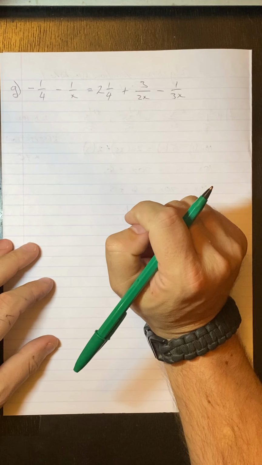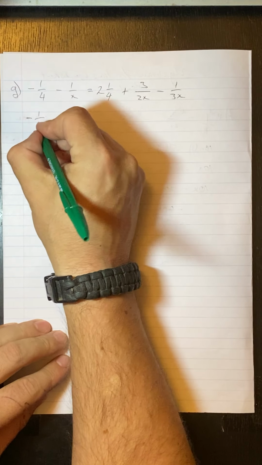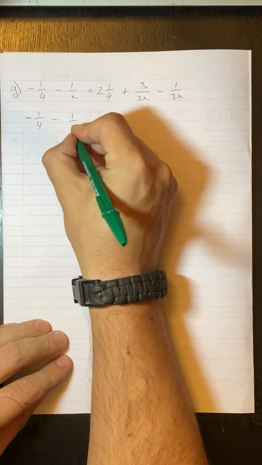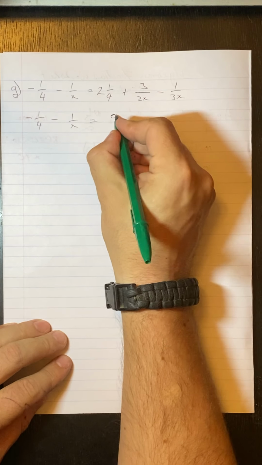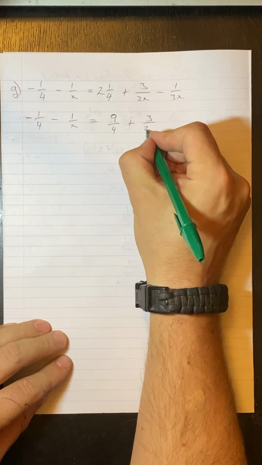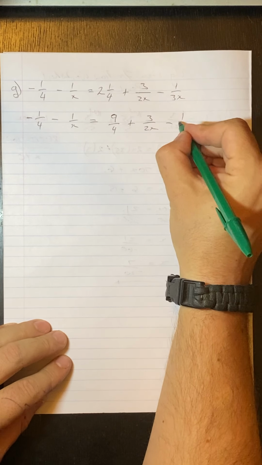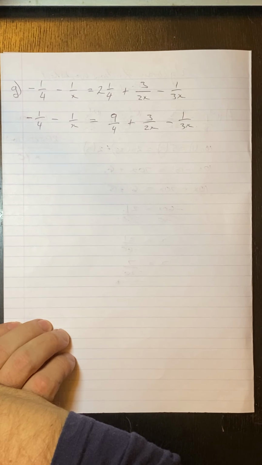We have this mixed fraction here, so I need to convert it to an improper. Just rewrite everything out. 2 times 4 is 8 plus 1 is 9 over 4 plus 3 over 2x minus 1 over 3x. All right, so we can now find our LCD.